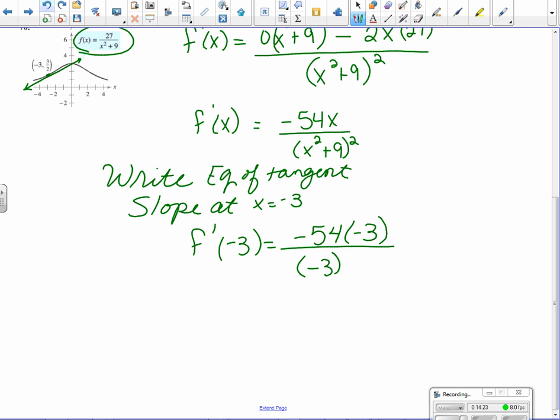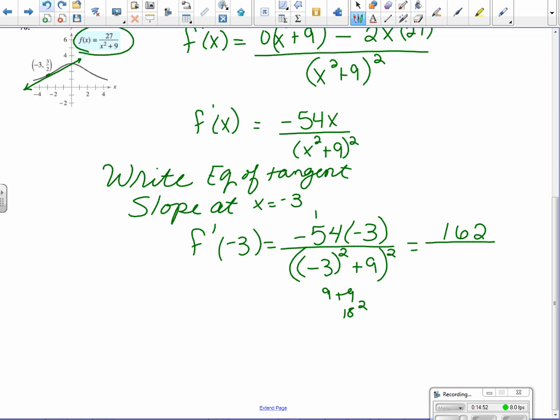Negative 3 is getting squared, add 9, and then square that result. Okay, 108 plus 54 more, 162, positive, over 9 plus 9, 18, 18 squared.